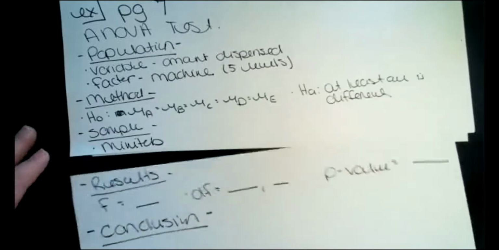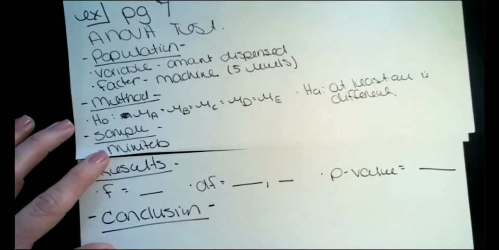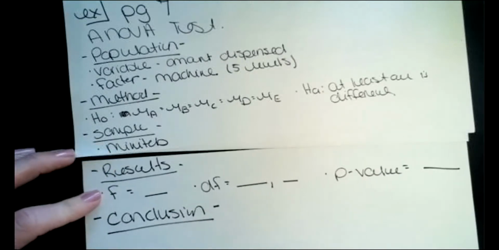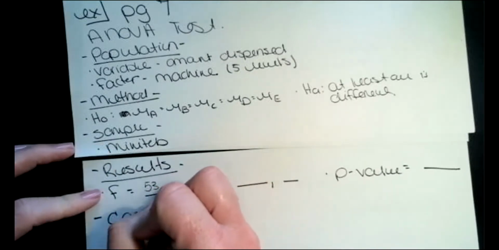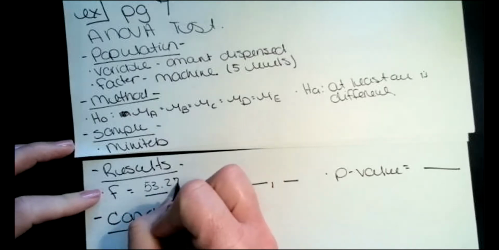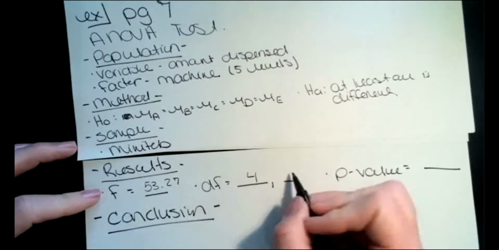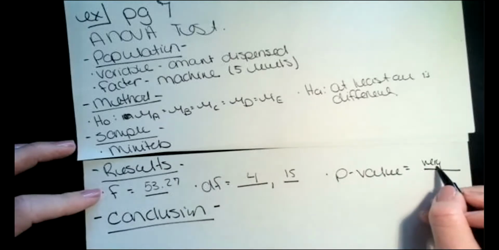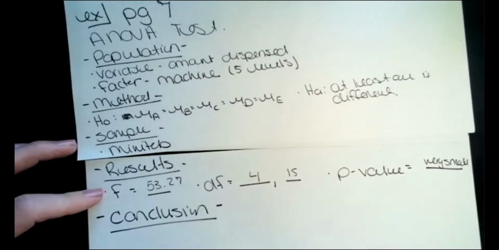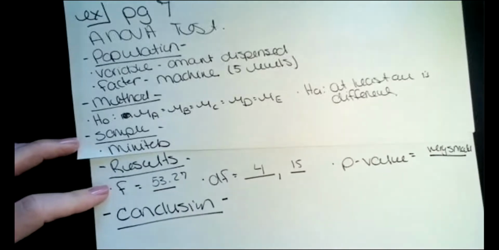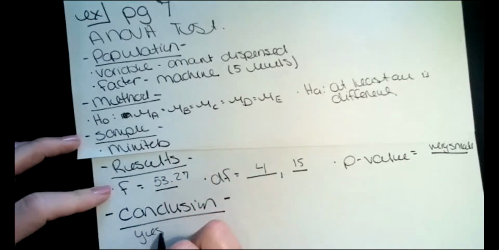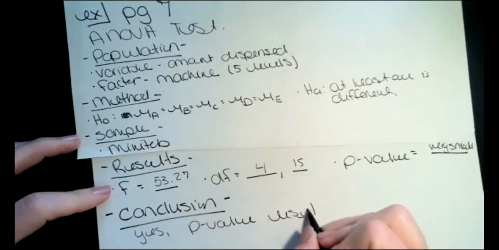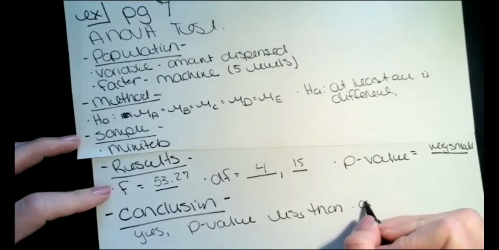And for my conclusion, we'll write something specific. For my Minitab, my F-test statistic, when I look at it, is like 53.27, I think it was. Then I had degrees of freedom, which are 4, 15. And my p-value, we said, was very small. Then for my conclusion, I'm going to say yes, the p-value is less than 0.05.